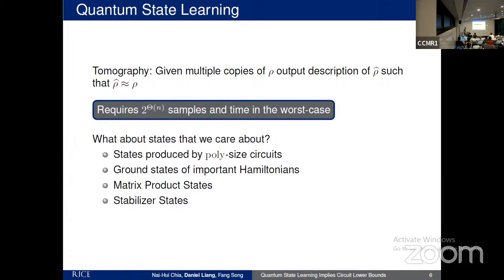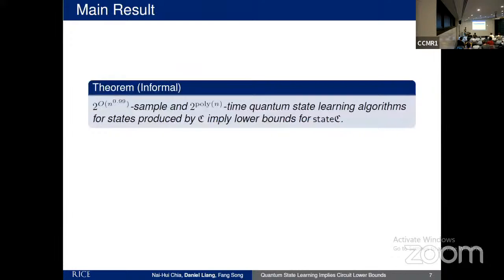And so generally what we do in the learning community is we make assumptions about the data. There's some no free lunch theorem, so we actually have to start making assumptions. Some assumptions we might make are states produced by a circuit class, ground states of Hamiltonians, matrix product states, things like that.